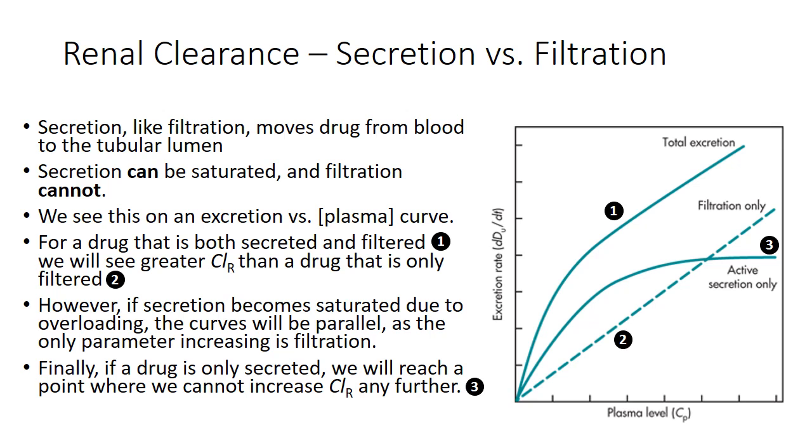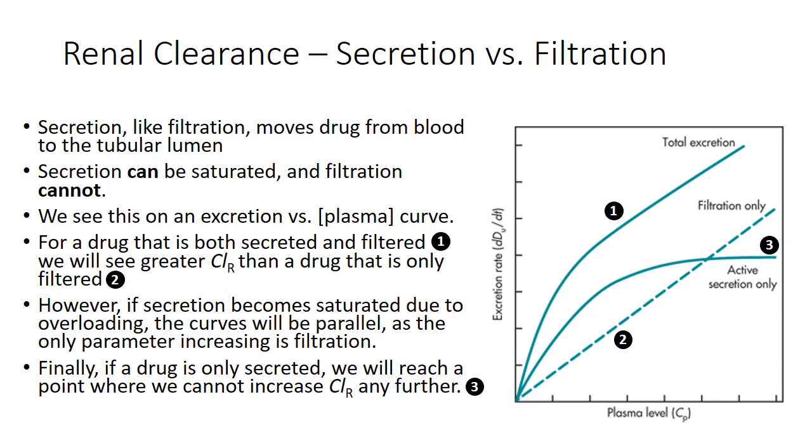That means anything you throw at the kidney it's handling. You say, I'm going to double my amount in the plasma, then you're going to double your amount in the urine, and that means it's pure filtration. Okay, and it's very easy to identify as a non-saturable process.